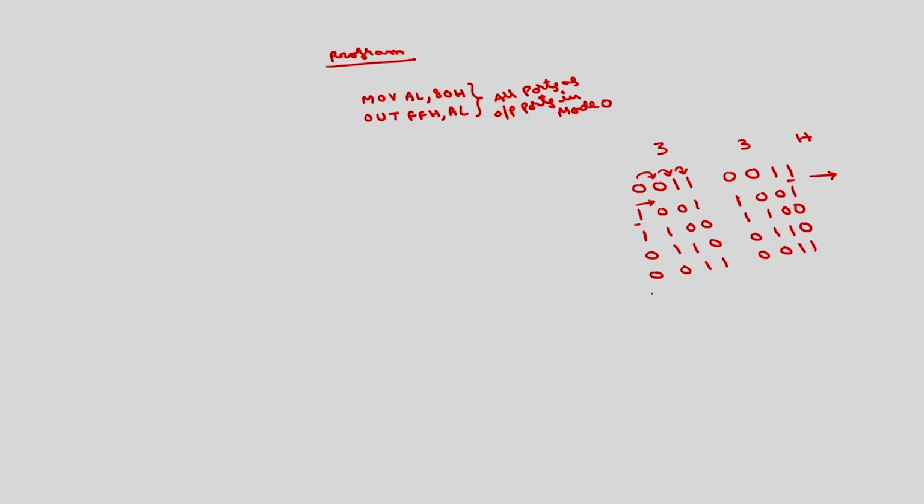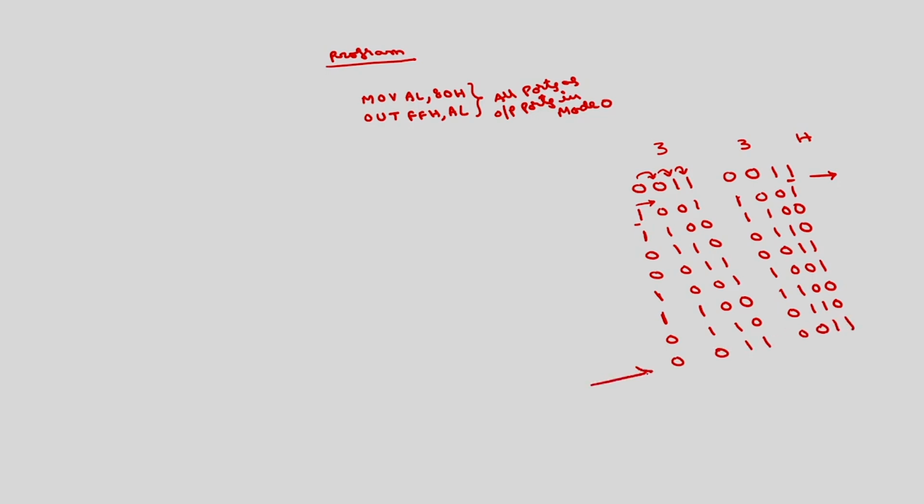Next one will be 1 0 0 1 1 0 0 1. Next one will be 1 1 0 0 1 1 0 0. The next one will be 0 1 1 0 0 1 1 0. So next one will be 0 0 1 1 0 0 1 1.